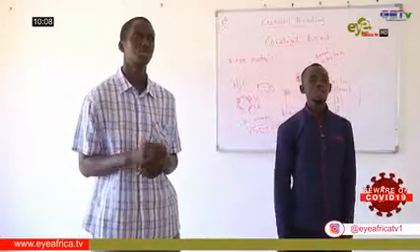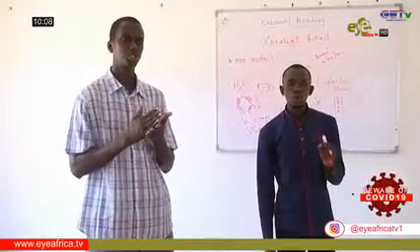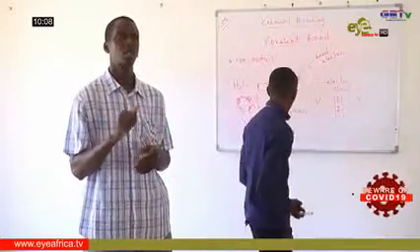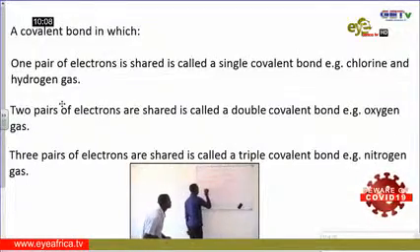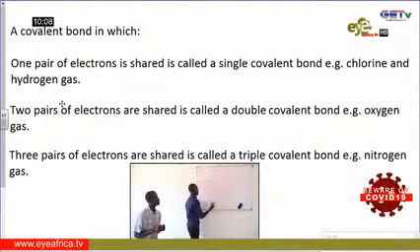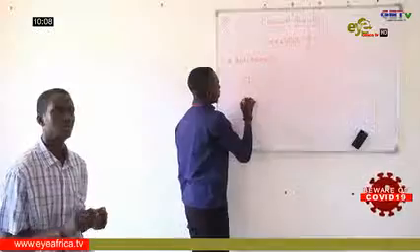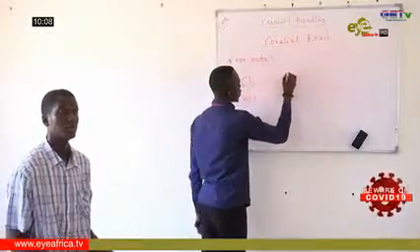Now a covalent bond in which one pair of electrons is shared is called a single covalent bond. For example, chlorine gas. If you have chlorine gas, you will have 2 molecules like this.